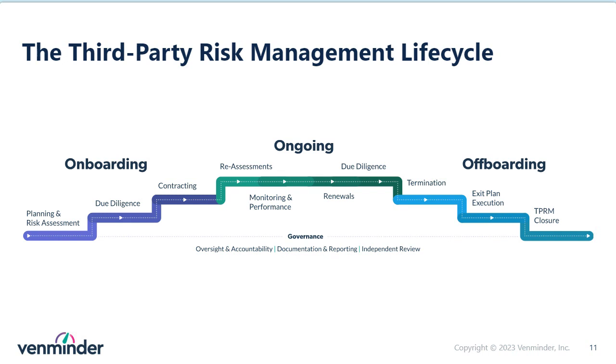And just as a quick review, the life cycle has 3 stages: onboarding, ongoing, and offboarding. In each stage, there are specific activities and steps that should follow a prescribed order. So when you want to think about maturity, pull out your third-party risk management lifecycle. Is your program following it? Do you have evidence for each of these steps? Do you have documented processes, etc.?